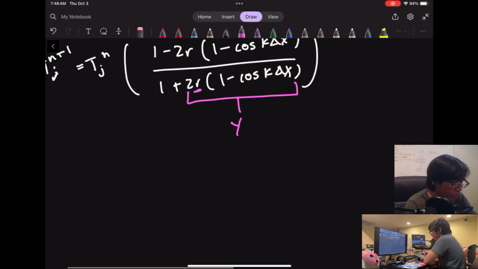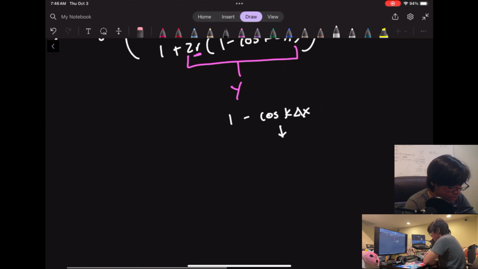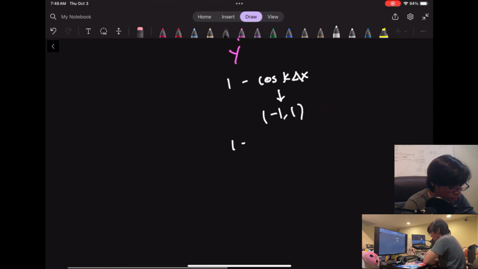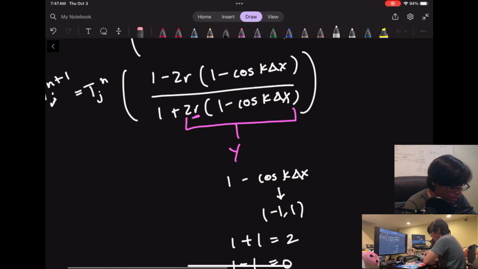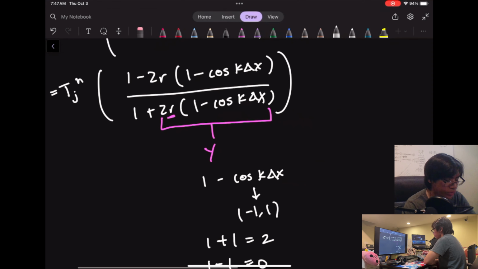And then remember that 1 minus cosine kx, we have two different results we can get. Remember, cosine oscillates between -1 and 1. So the only possible scenarios are 1 minus -1, which is 1 plus 1 is 2, and 1 minus 1 is 0. If y is 0, then we just have 1 over 1. That's perfectly fine. It just won't change.